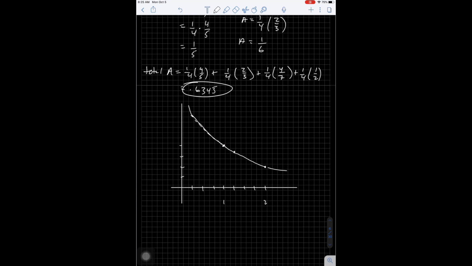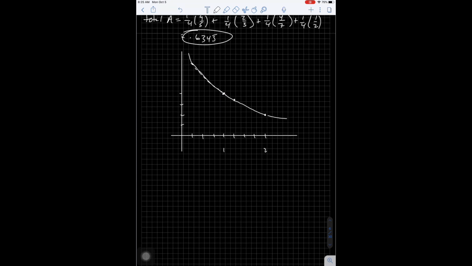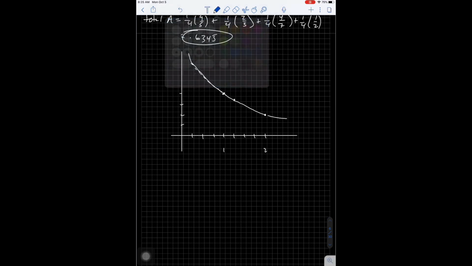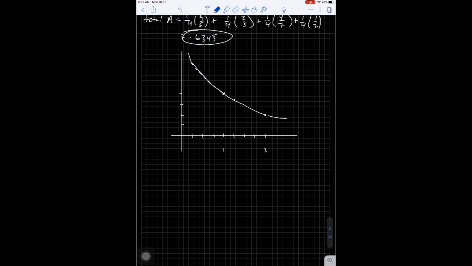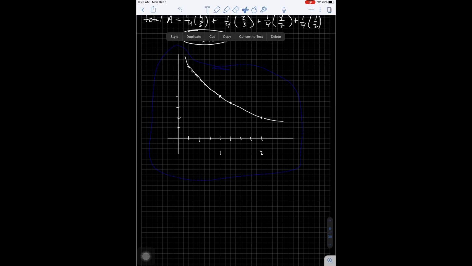Now we're going to come down here and do the same problem, only we're going to use left endpoints. So now I'm starting at 1. I'm off center again, hold on. There we go. I'm starting here at 1, and I'm using left endpoints.